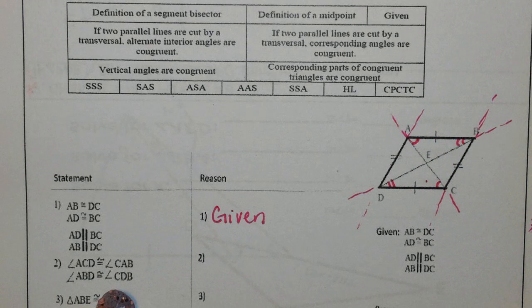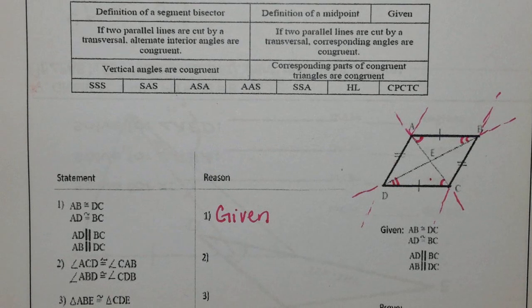So we know that when we have parallel lines and the angles on the inside are on the opposite side, these are going to be what we call alternate interior angles. So that's what I'm going to write down. But if you notice in your multiple choice, there is no alternate interior angle just by itself.